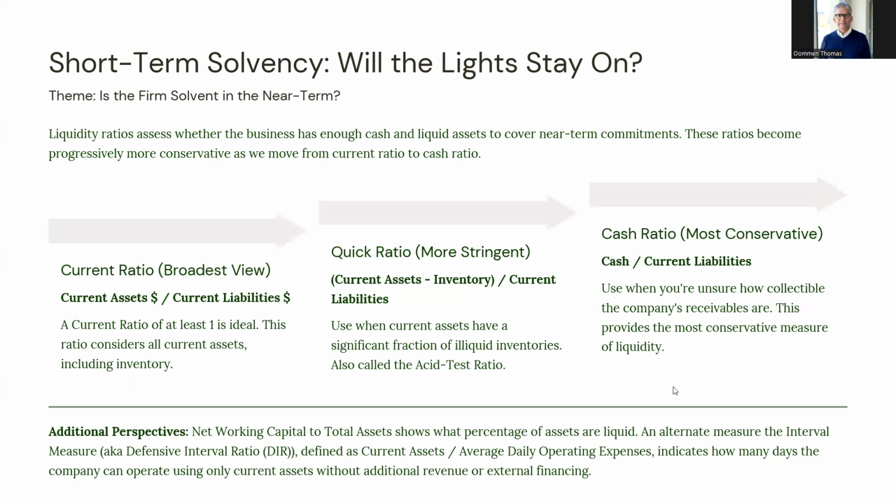In that case, it may become important to know whether you have enough current assets on hand to cover operating expenses for a few days. So these are the many measures that are often deployed to figure out whether the company is solvent in the near term. And depending on the different circumstances of the company, some ratios may be more warranted than others.